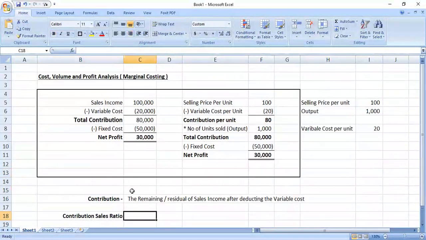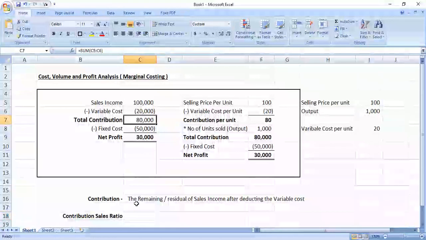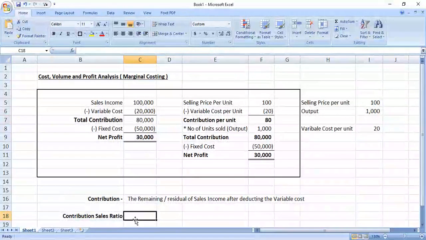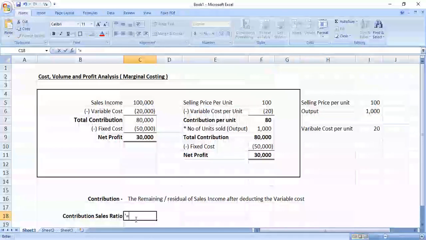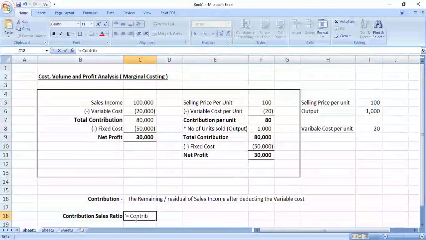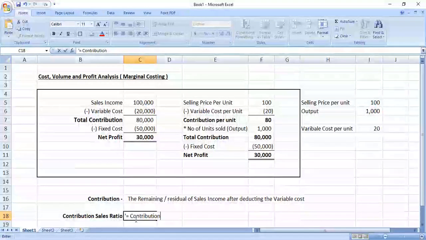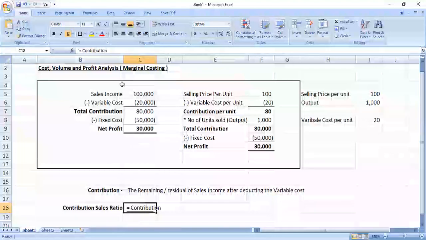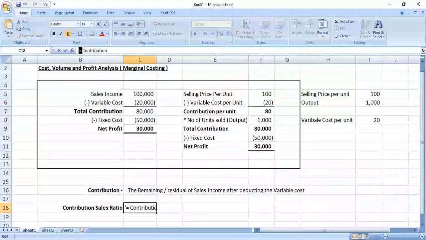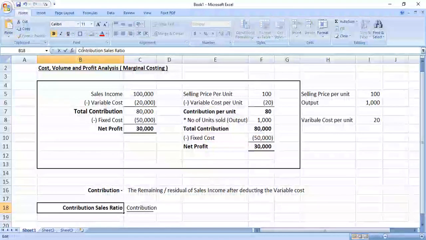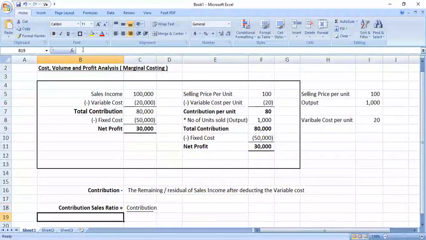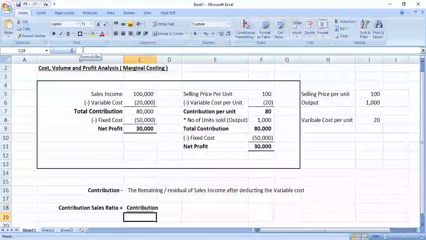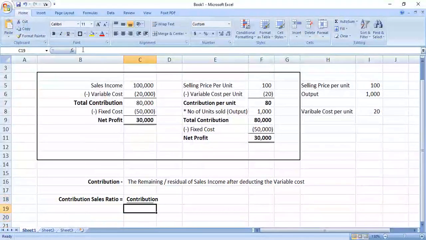You have the total contribution, so you put that on top, contribution, and you divide it by the sales, total sales.